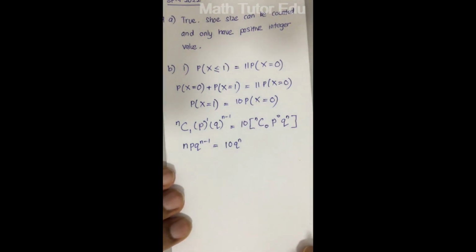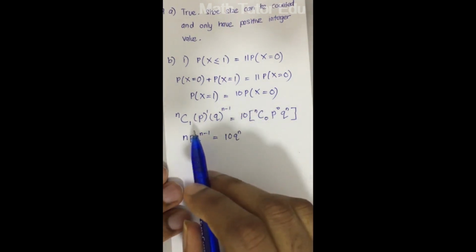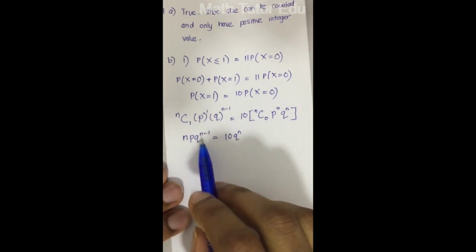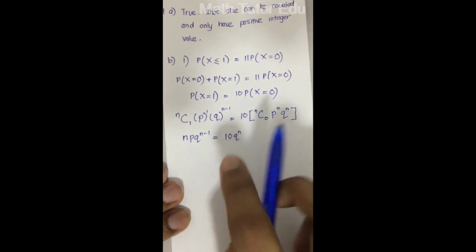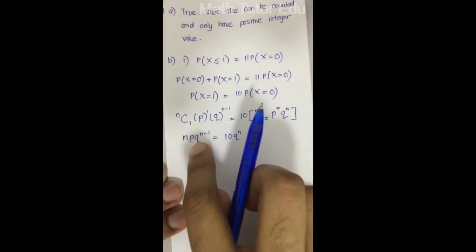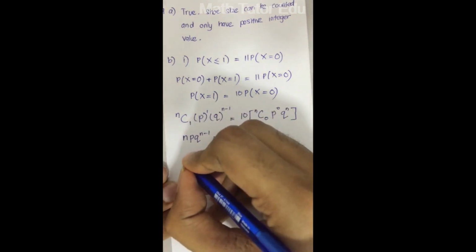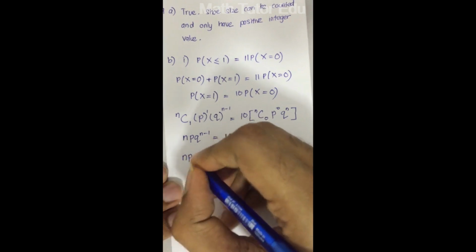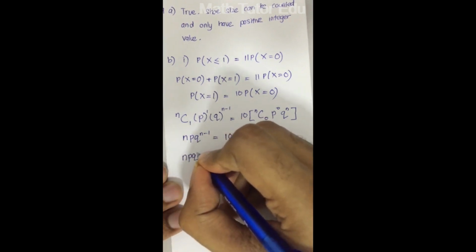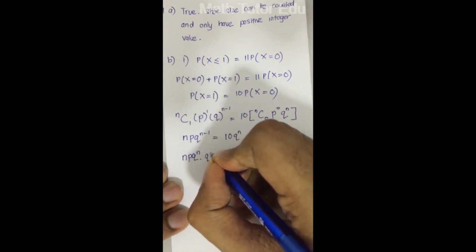So from here we're going to simplify this equation. What we're going to do is factor out the q to the power of n, because later on we're going to eliminate this q to the power of n on the right hand side. So from here n p q to the power of n times q to the power of negative 1.